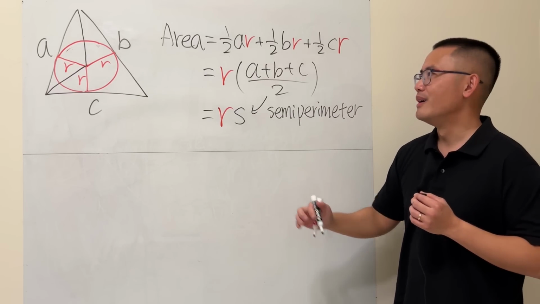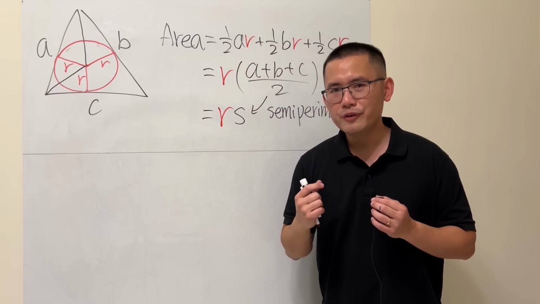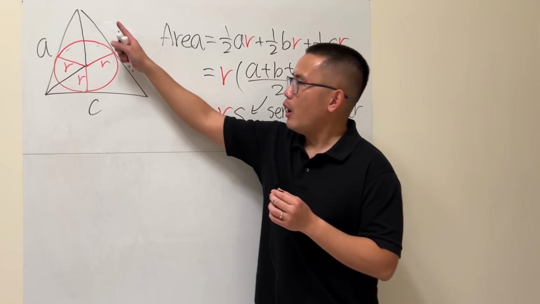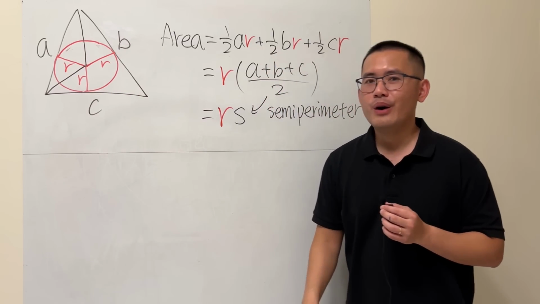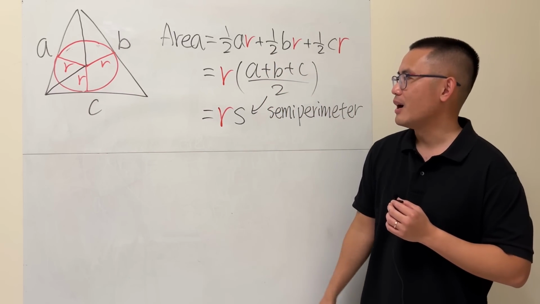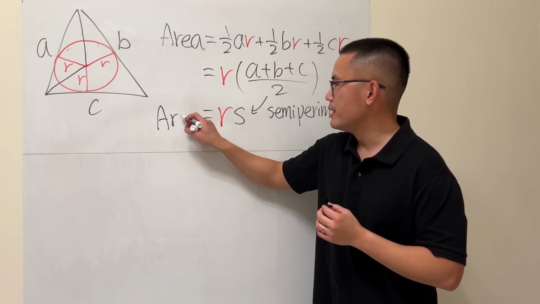Cool. Now, on the left-hand side, we will need to figure out the area of the triangle. Well, if we know all 3 sides of a triangle, in fact, we can use Heron's formula to help us out. But for now, let me just write it down.